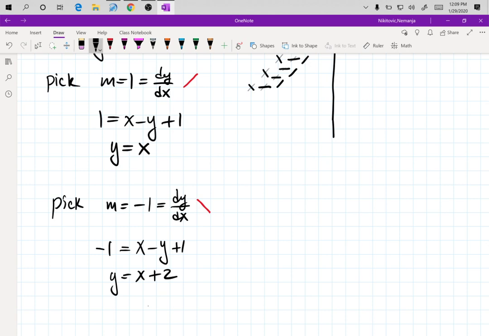You know what you're supposed to do, so just on your own pick -2, pick +2. Let's have 5 lines, and then we're going to snake through the solution. Now, -2 slope is steeper than -1.